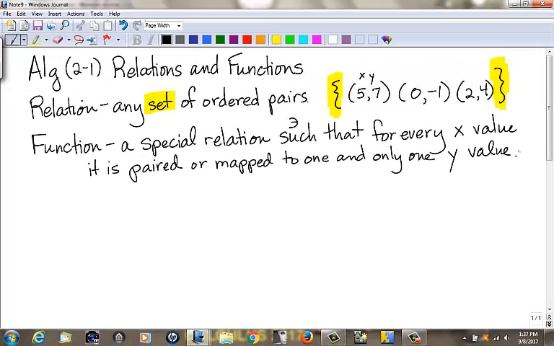So a function is a special relation, a special set of ordered pairs, such that every x value is paired or mapped to one and only one y value. Okay, so an example I'll give you.